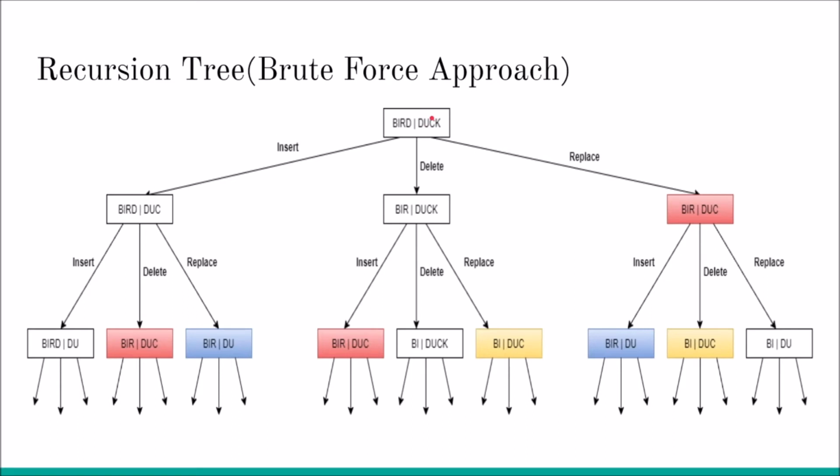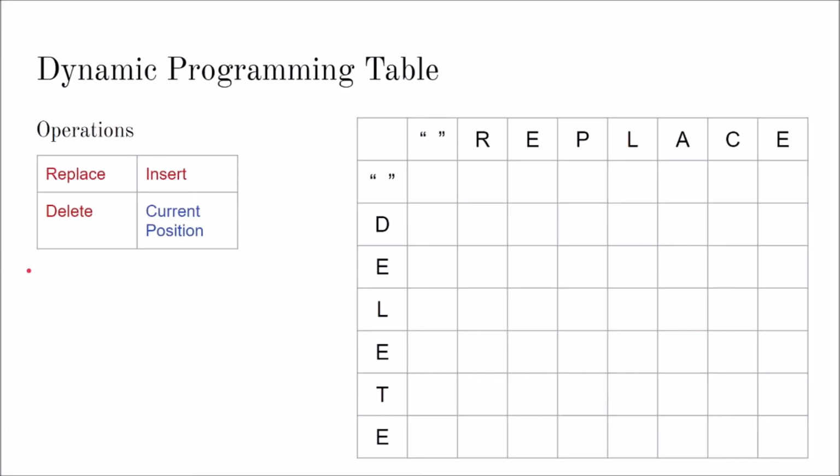But there is a problem to this approach, and that is here we can see that there can be certain amount of repeating subproblems, and we know when there are repeating subproblems we need to use dynamic programming to find optimal solution. Now let's find out how we can use the dynamic programming table to find the minimum edit distance.